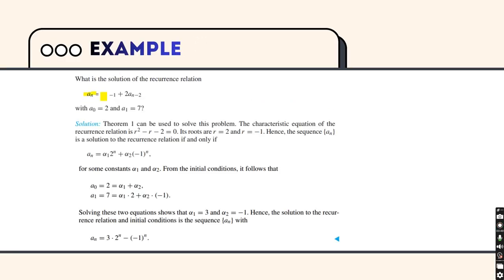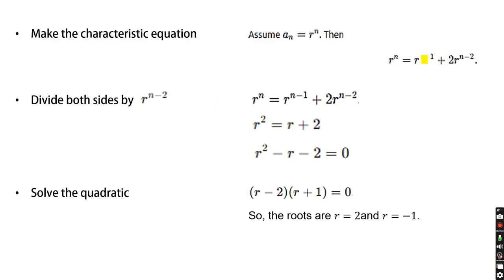So a_n will be replaced by r^n. After replacing with r^n, we derive this equation. And then after that we will divide both sides by r^(n-2).